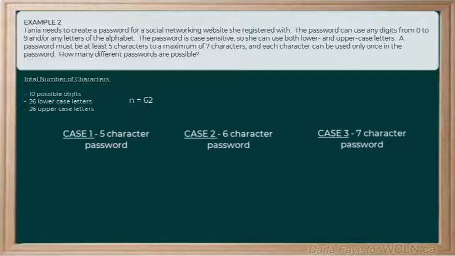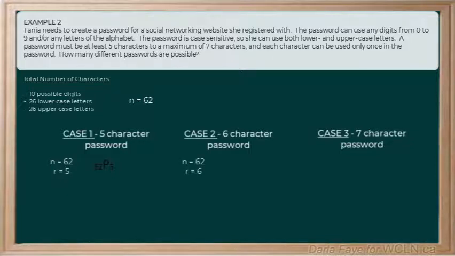Let's start with case number 1. So we have 62 possible characters to choose from. And in case number 1, I would have a 5-character password. So this would be like saying 62 pick 5 for my password. Or case 2 would be having a 6-character password.